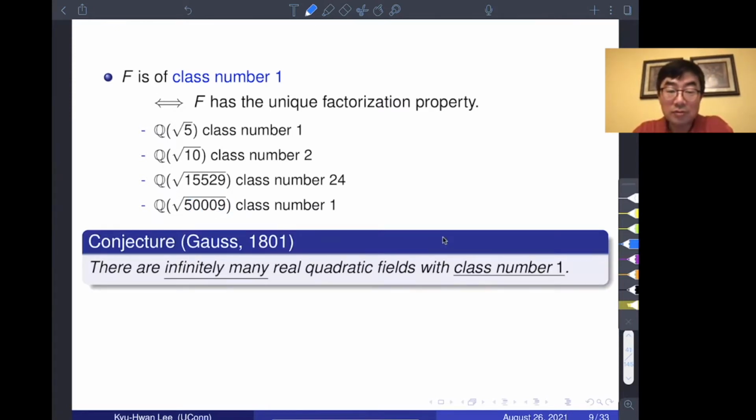And Gauss made a conjecture a long time ago, of course. His conjecture is this: there are infinitely many real quadratic fields with class number 1. Of course, this is a very fundamental problem, and it is still open. So it's a very important problem, but it's open.